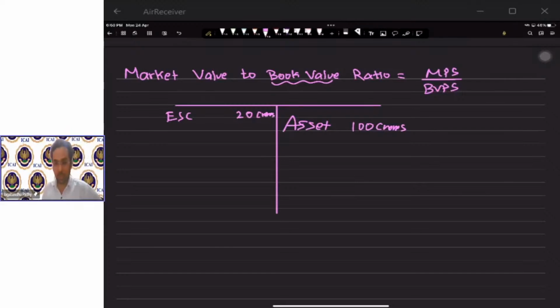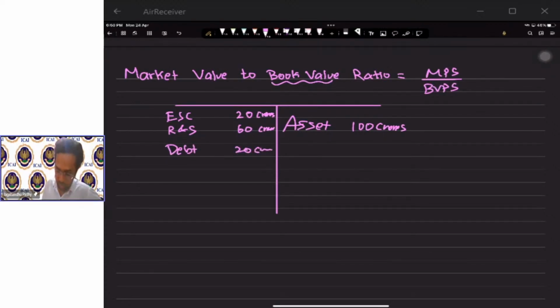And then the company is having some sort of reserves and surplus of maybe, let's say, 60 crores. And then you have a debt of 20 crores.